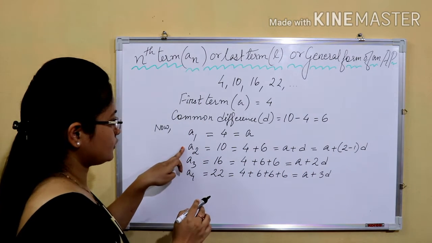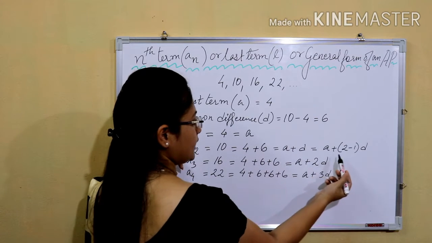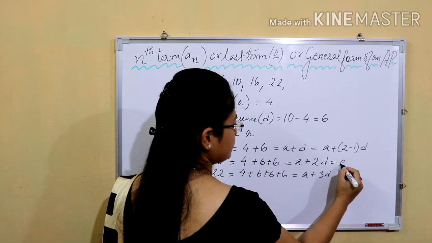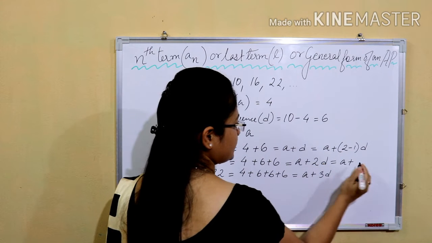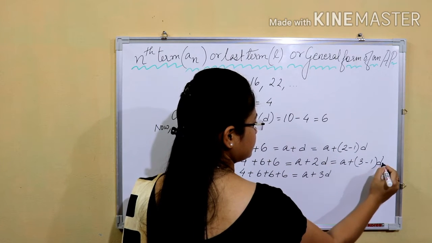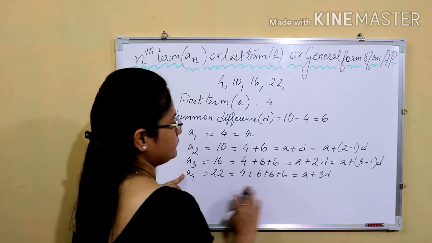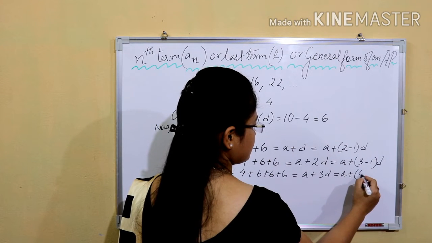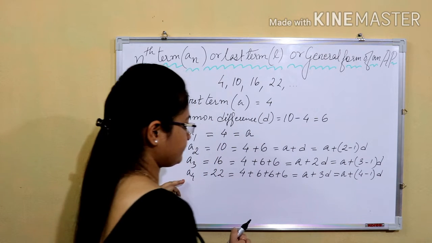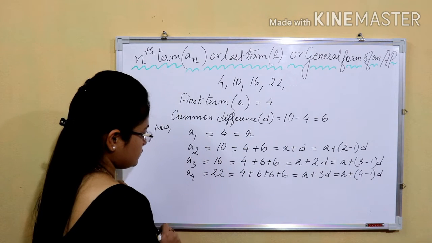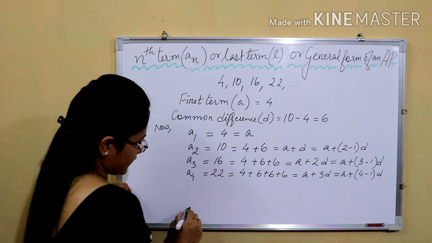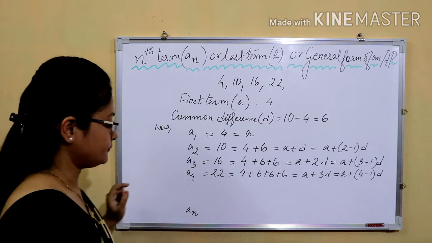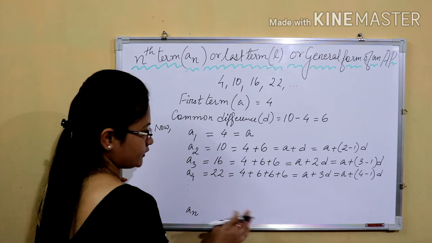And we came to know now that A2 is equal to A plus 2 minus 1 D. Similarly, A3, we can write A plus 2D as A plus 3 minus 1 D. A4, represented as A plus 3D, also can be written as A plus 4 minus 1 D. So on. At the last, if I write suppose AN, which is our nth term, also called as last term.